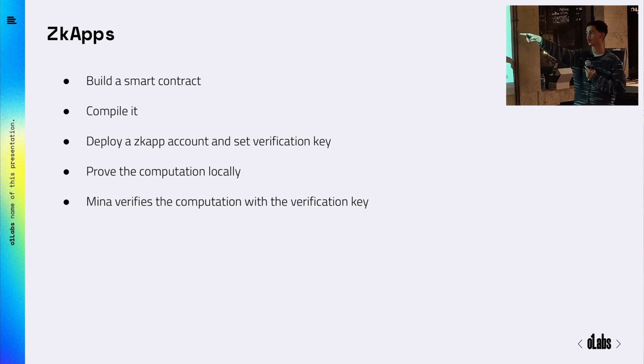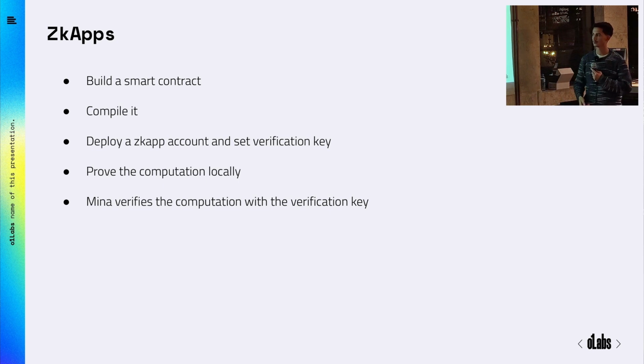This is actually an atomic operation. You just deploy a zkApp account, and the verification key is set automatically. Then after that, when it's verified and put into a block, we can prove a computation locally with the smart contract.